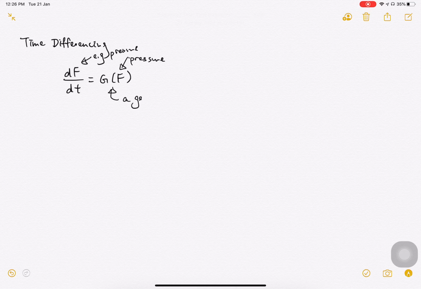So this is a general function of f, and g is also a function of t, of time. Okay, so g.